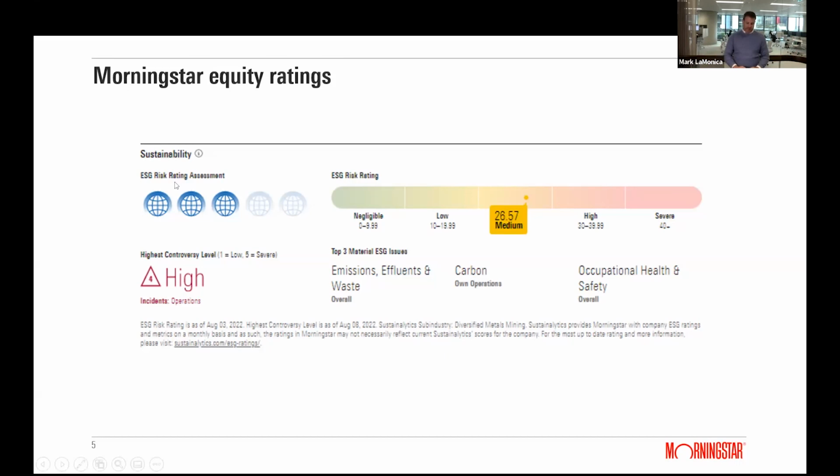So basically what you'll see, and this is on a sustainability tab on any company that you look up, is our assessment. First of all, we have an ESG risk rating assessment. And of course, we are not trying to push any sort of values on you. What we're trying to say is this stuff is a risk factor that's going to influence the value of this company going forward.